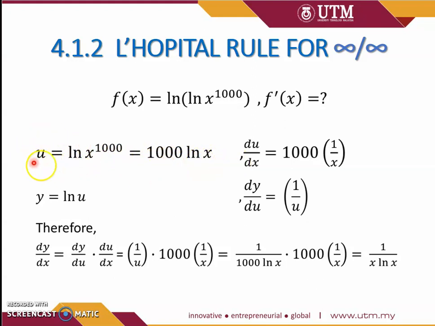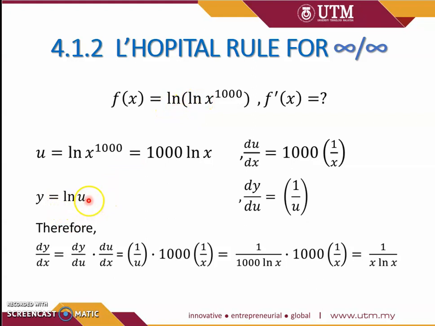After the substitution of u, we need to differentiate it. We need to find du/dx. 1000 remains, and the differentiation of ln x is 1 over x. Next we need to find y, which is ln u. Since we already changed ln x^1000 into u, the remaining function is ln u.